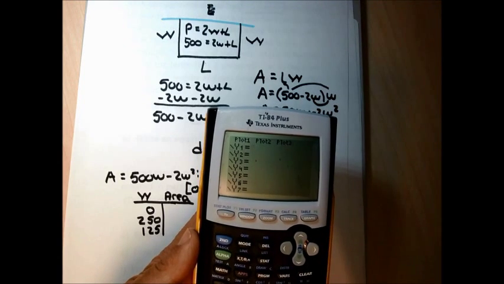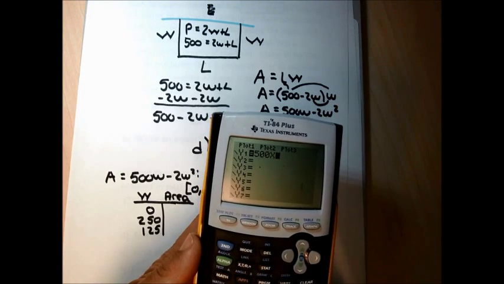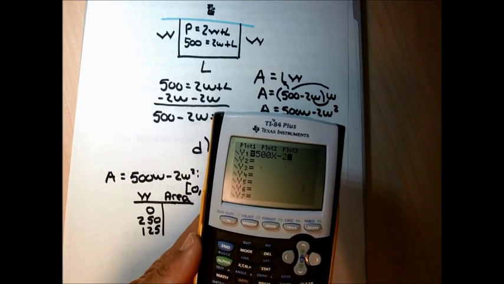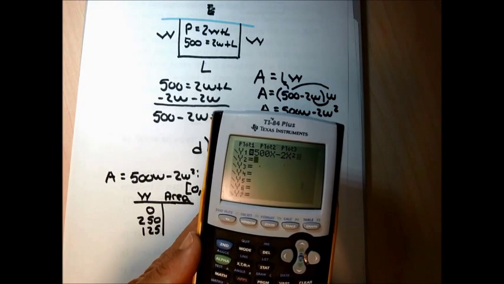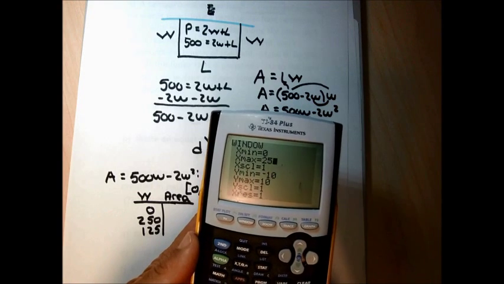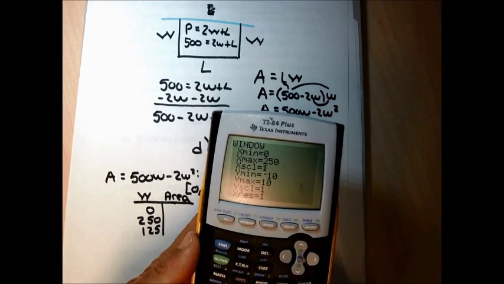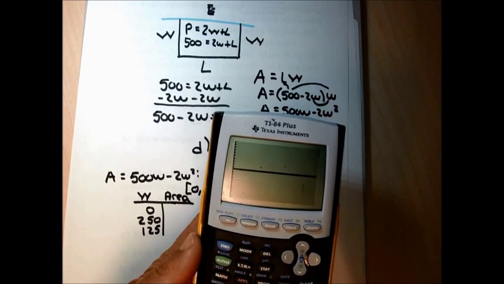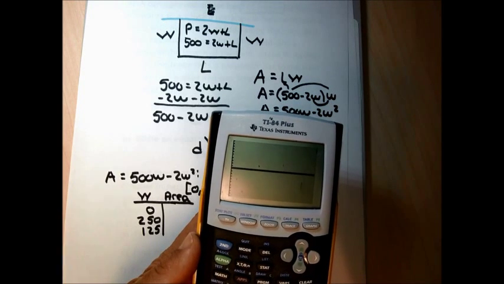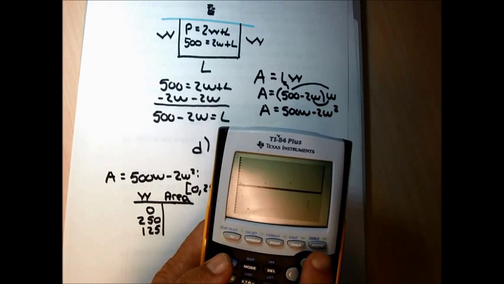Clear, 500. I have to use X, my calculator won't handle W so well. So 500X minus 2X squared. Change my window to go from 0 to 250. I don't really care so much about my Y's. I'm going to graph it and not see much of the graph, but what I have set up is good enough for me to get the Y values.